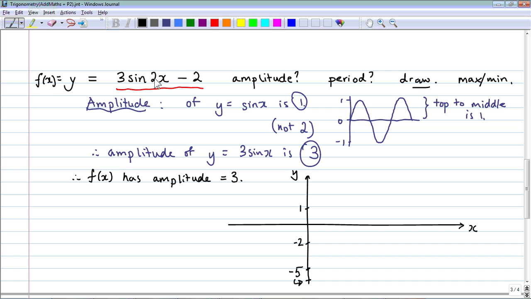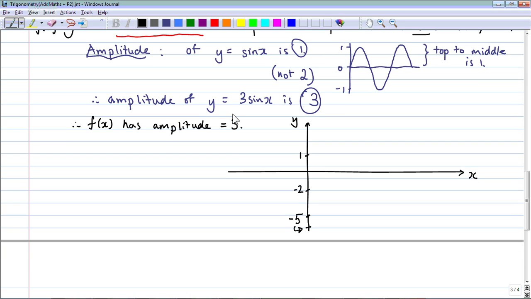And when x is 0, it's clear that y is -2. So the graph will definitely look like this, a sine wave going up and then down, up and then down.